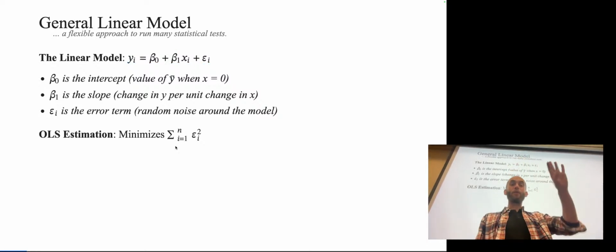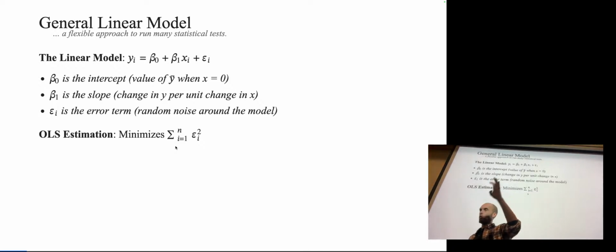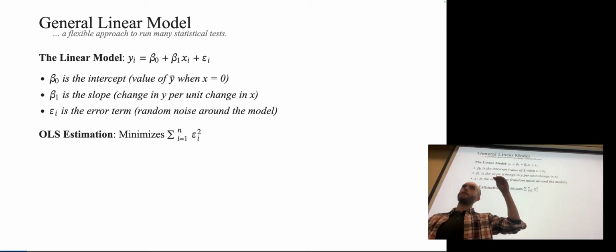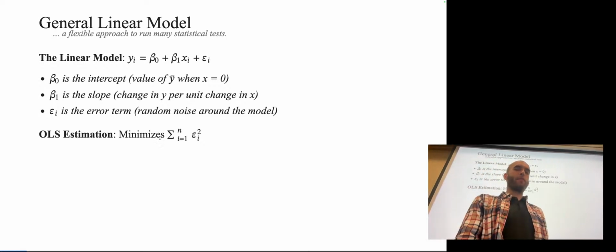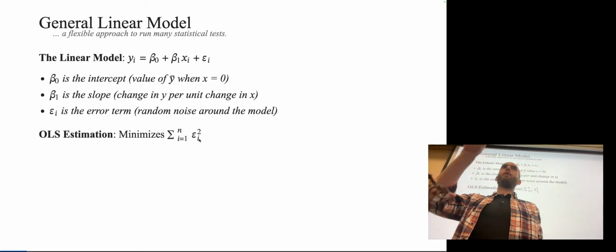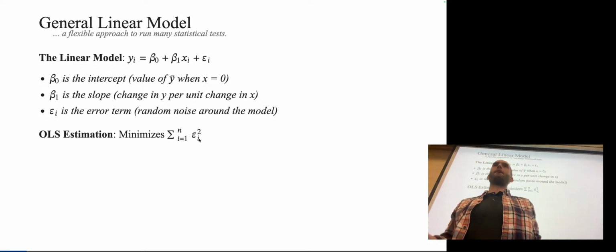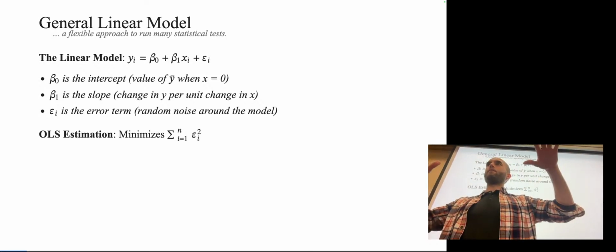And then the thing with OLS estimation, ordinary least squares, is we're just trying to minimize this term here. This is all of the squared error terms. So we take each error term, we square it, we sum it all up, and then we try to pick parameters that make this thing as small as possible.